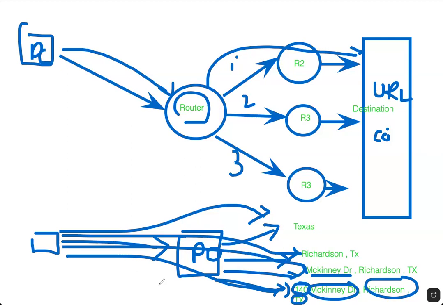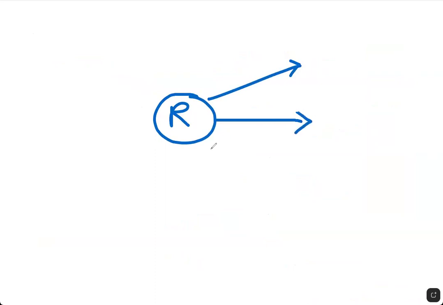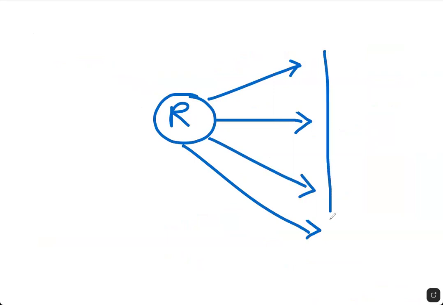Now, how does this map to the router? Let's say on the router you have four paths again.